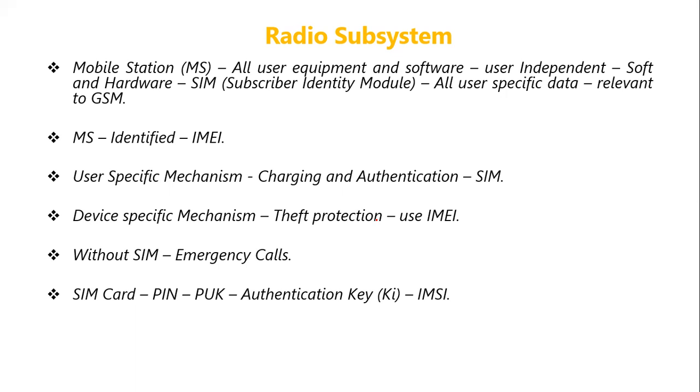Whereas the device itself is identified by IMEI, International Mobile Equipment Identity, used to identify the equipment. IMSI is used to identify the SIM card. Okay. So these are the various numbers associated with the SIM.